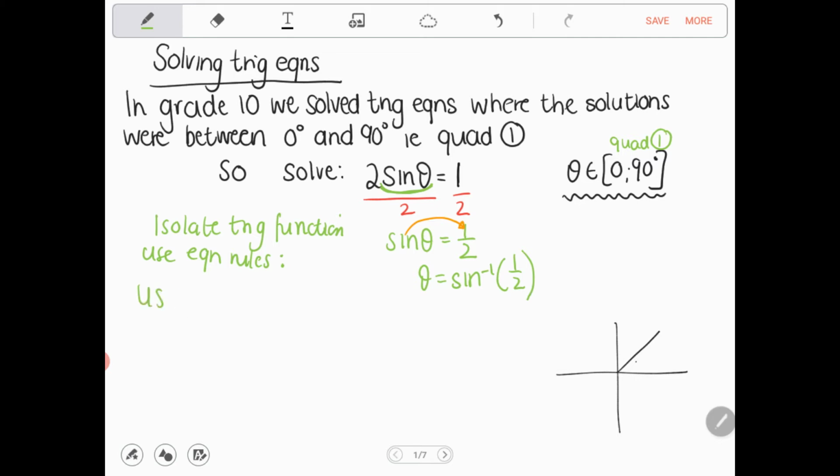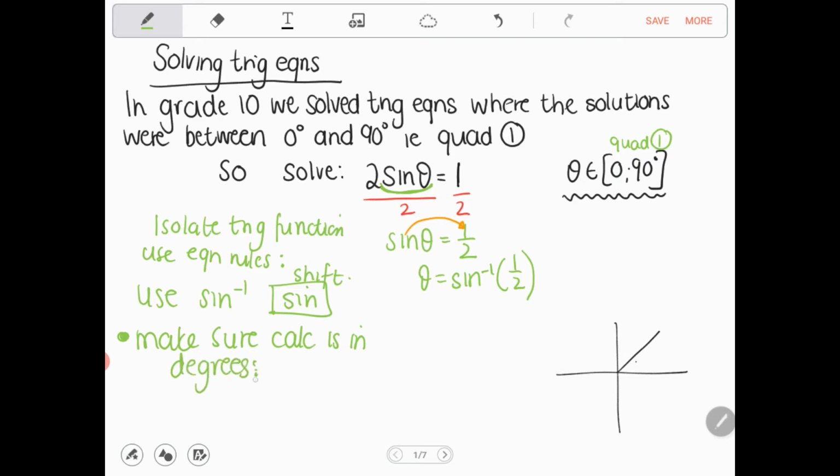Now sine minus 1 is on your sine button, and you have to press shift and sine to get arc sine. And please make sure your calculator is in degrees, because if it's not in degrees, you're not going to get the right answer for school.